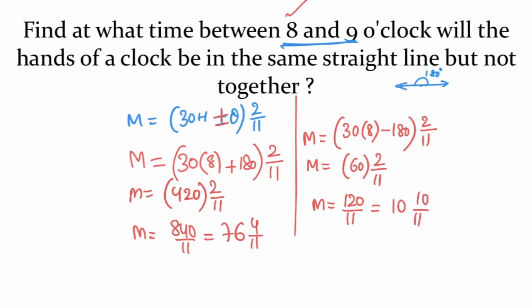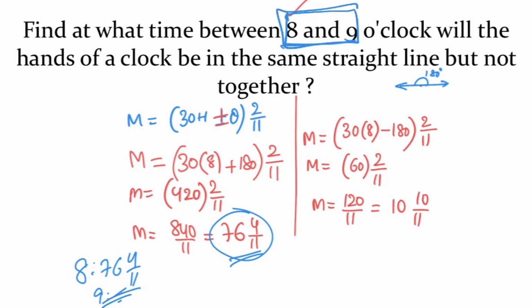But in the first case, the number of minutes is 76, exceeding 1 hour. If it exceeds 1 hour, 8 hours 76 4/11 minutes means it is after 9 o'clock. That cannot be the answer because the requirement is between 8 o'clock and 9 o'clock. So remember, whenever time is negative, we don't consider that case.